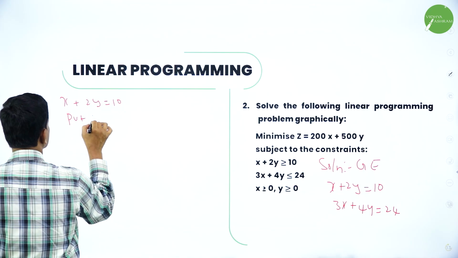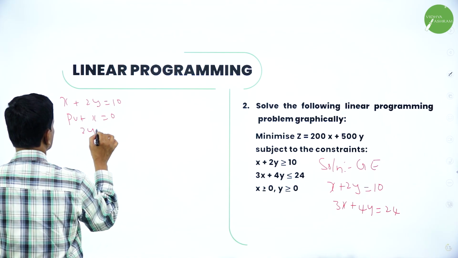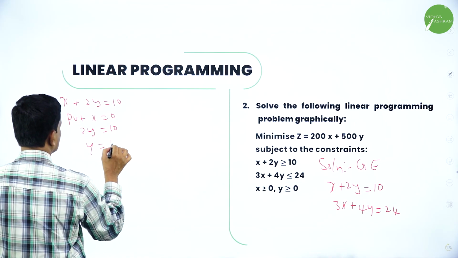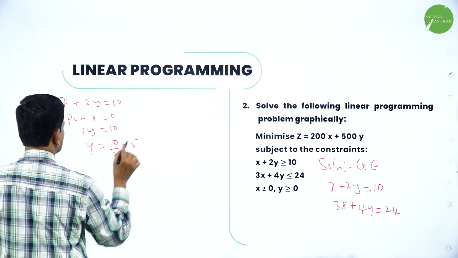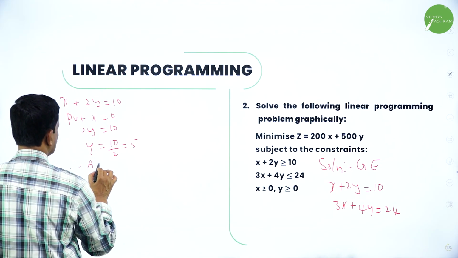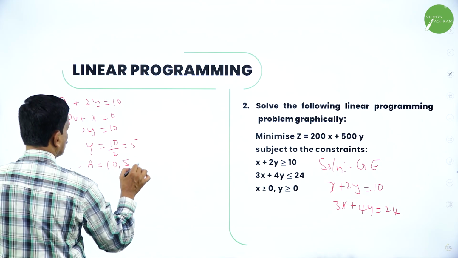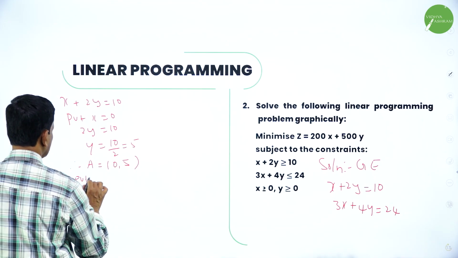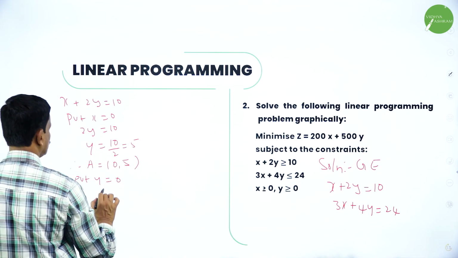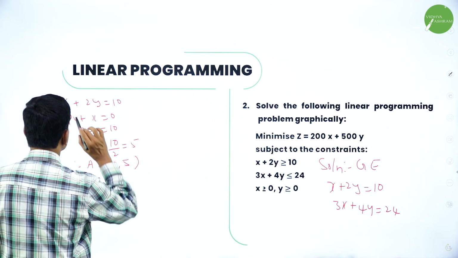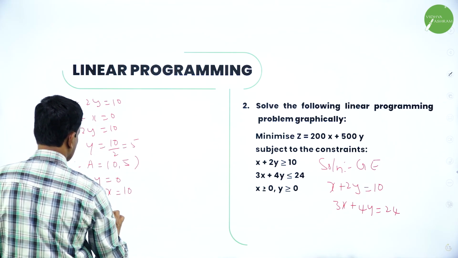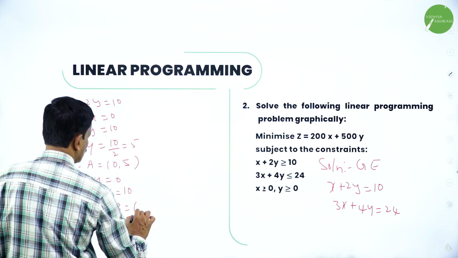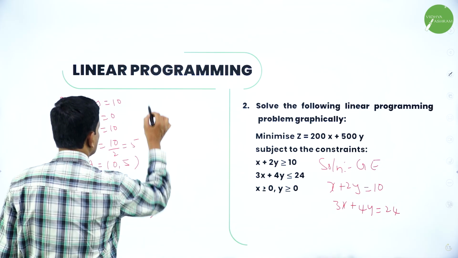Put x is equal to 0, then 2y is equal to 10, y is equal to 10 by 2, which is 5. So the first point A is (0, 5). Similarly, put y is equal to 0, then x is equal to 10. So the second point B is (10, 0).